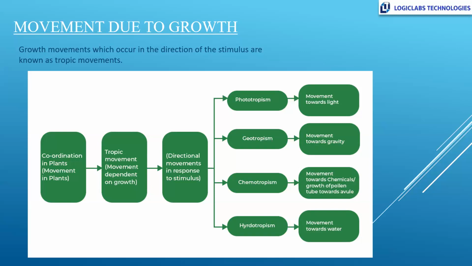Whichever plants are growing towards the ground, towards gravity, we call the movement which takes place towards gravity geotropism. Geotropism is mainly of two types: positive geotropism and negative geotropism.